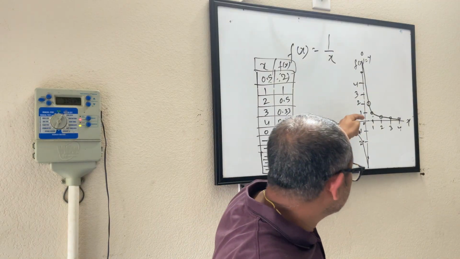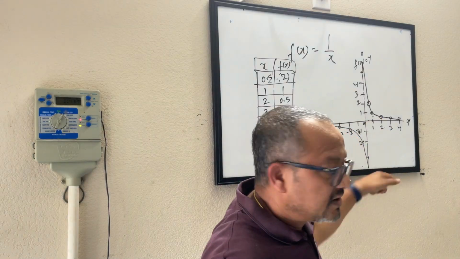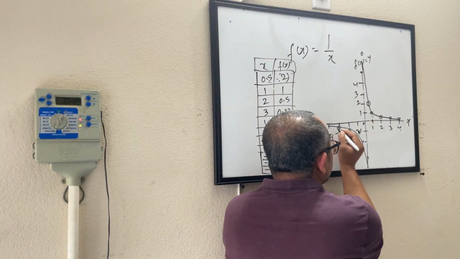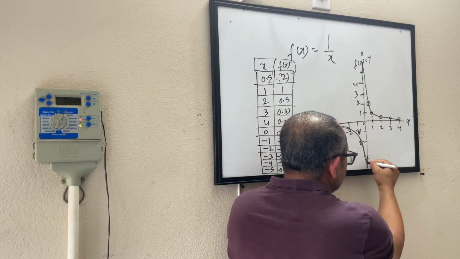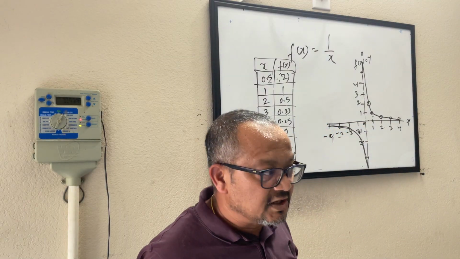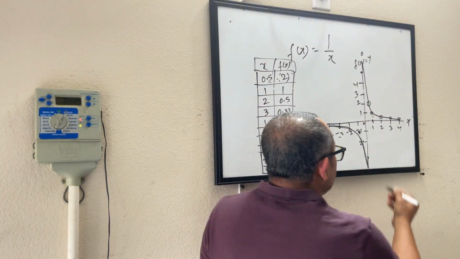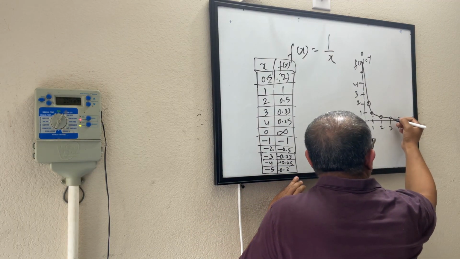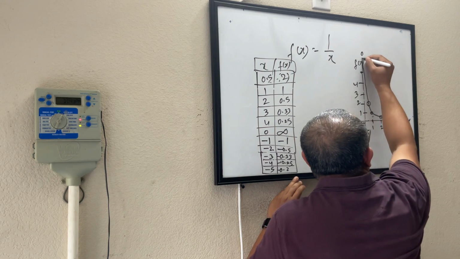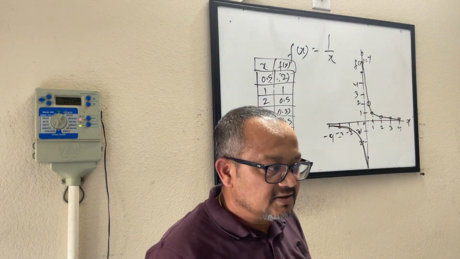When approaching x equal to 0 from the negative side, meaning you are increasing from -4 to -3, -3 to -2, you see that your f(x) is going towards negative infinity. When you are approaching from the positive side towards 0, you see it going in this direction.